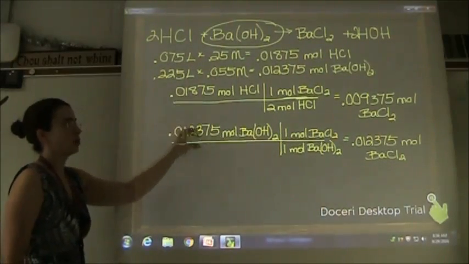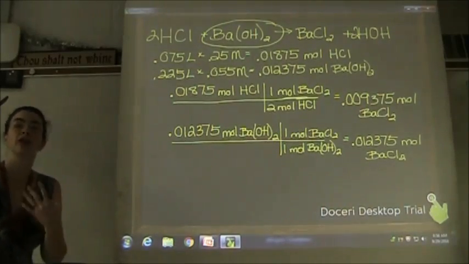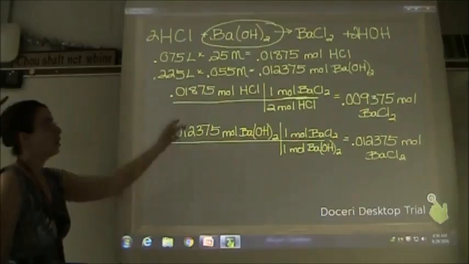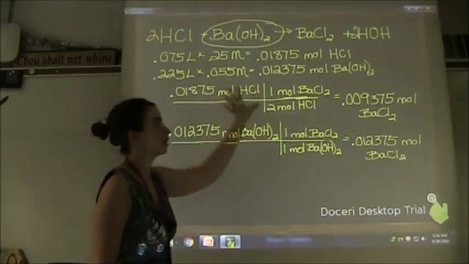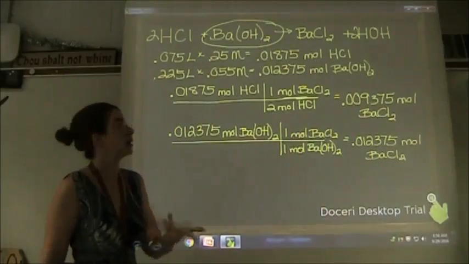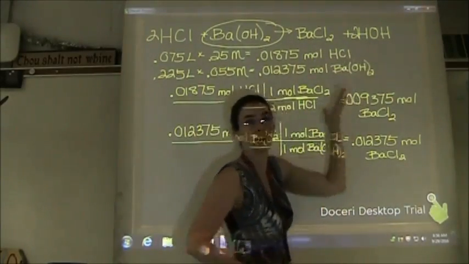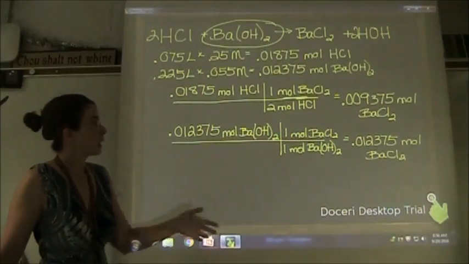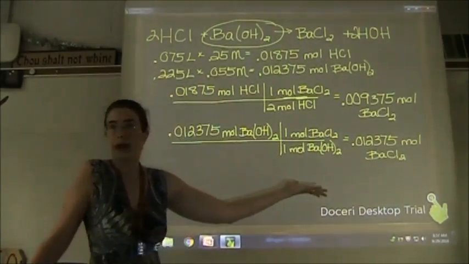To carry out a limiting reactant problem, and at this point, I'm expecting you to know how to do that, you take the moles of each of your reactants and convert to one of your products. It doesn't matter which product you pick. Some of you may have picked water, and that's okay. As long as you convert them to the same product, it's fine.